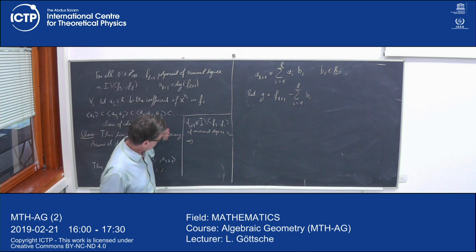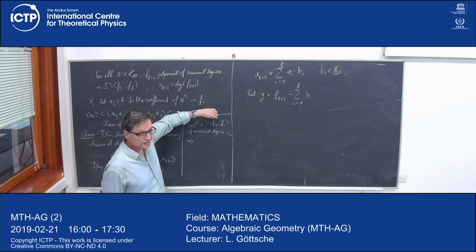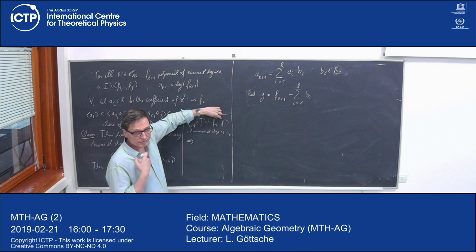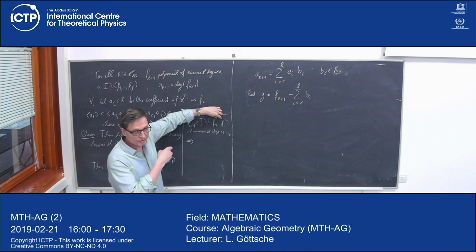I take the polynomial with the smallest degree, first for the whole of I, then for I minus this thing, which is a smaller set, so the smallest degree can only get larger. Then I add one more element, and again the smallest degree can only get larger because I have fewer elements to choose from.